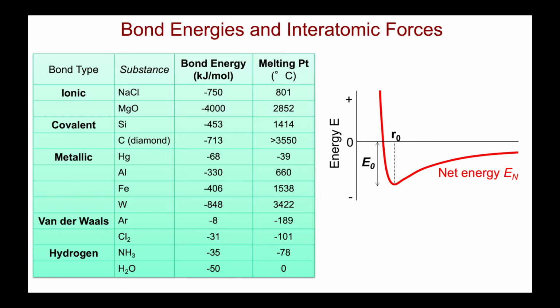However, we know another metal, such as mercury, is a liquid at room temperature, and the forces are much smaller, so there's a considerable range. We'll return to the scaling between melting point and bond energy a little bit later.